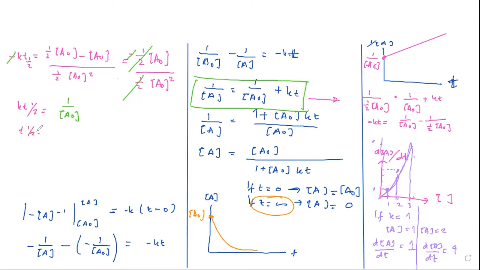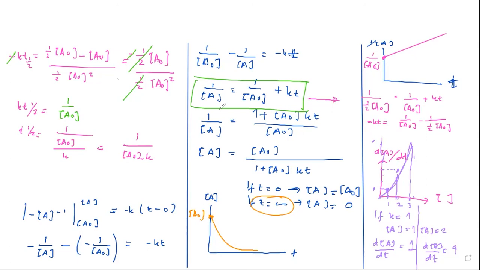So t half equals 1 over A0 over k, or 1 over A0 times k. Okay, so this is how we find the half-life in the second order reaction. So t half equals 1 over the initial concentration of A times the rate constant.